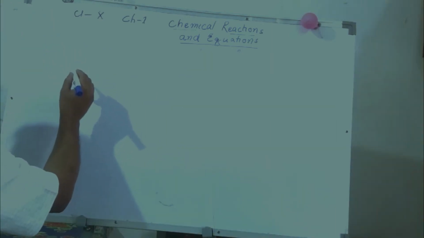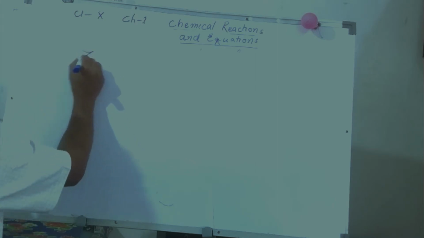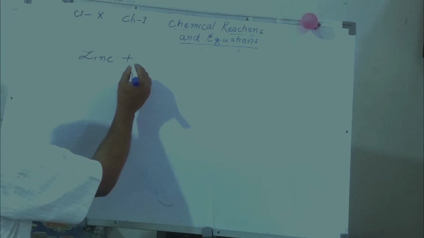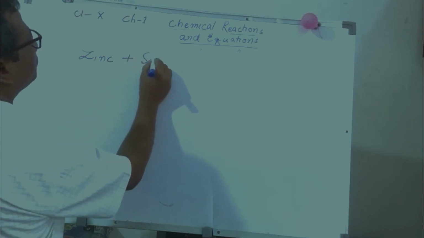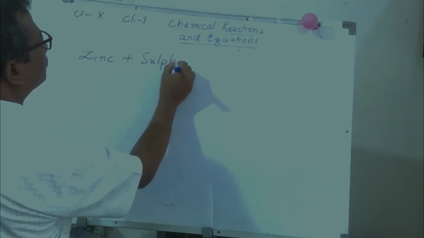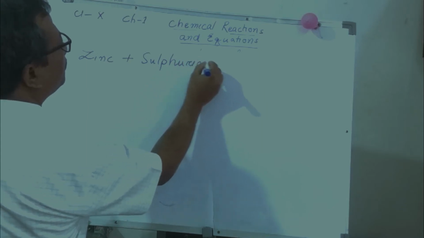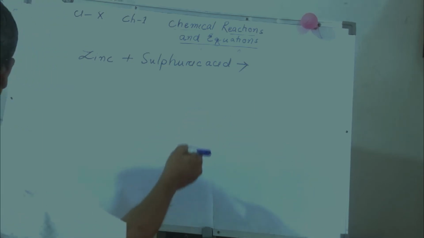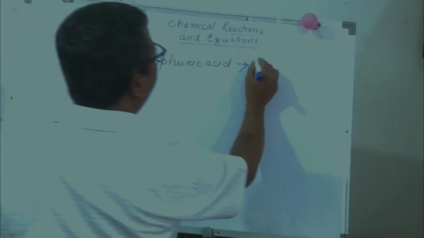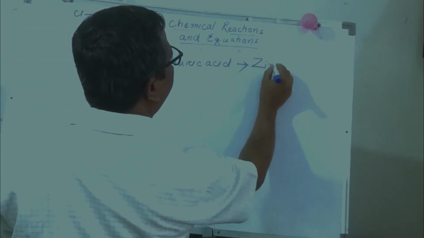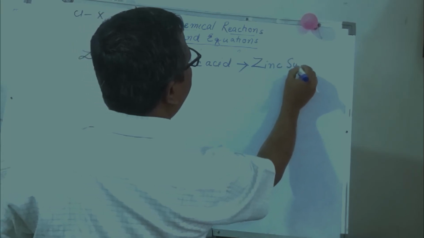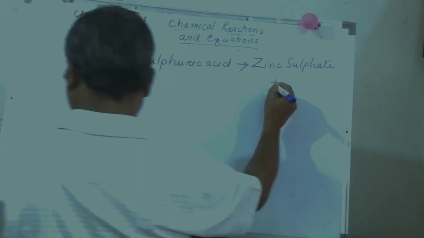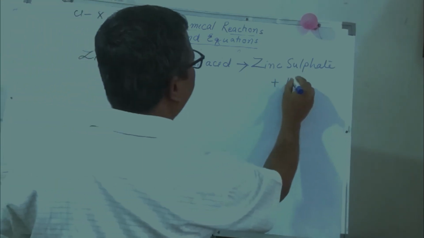Take another example of a chemical equation. Zinc reacts with sulfuric acid to produce zinc sulfate and hydrogen.